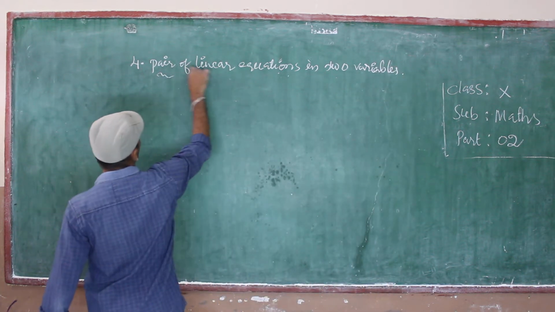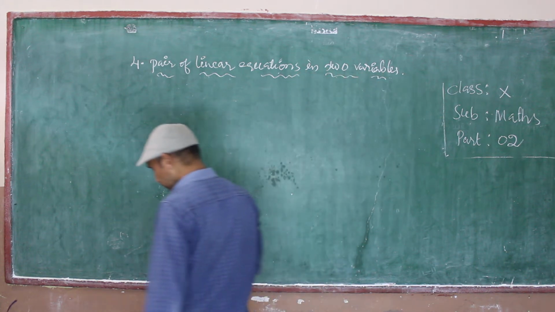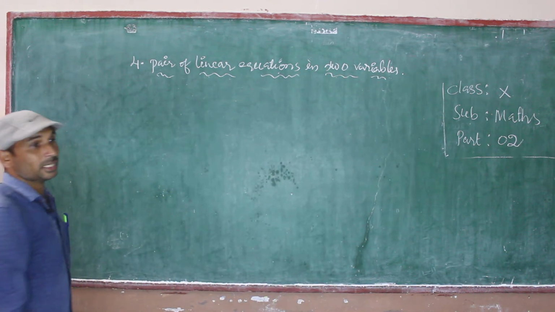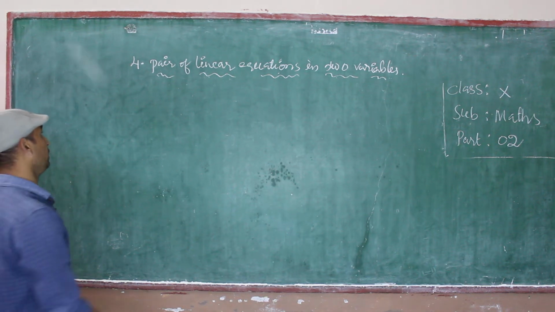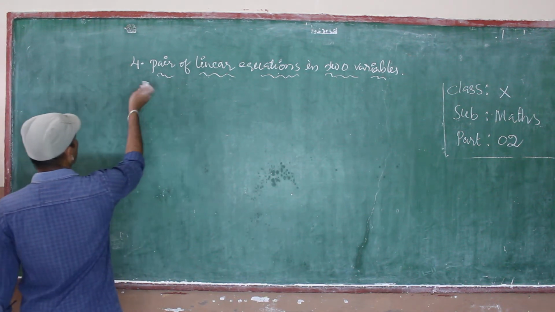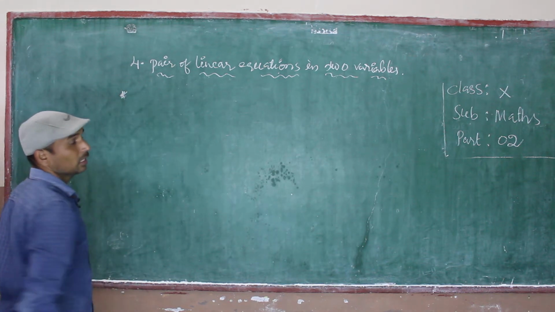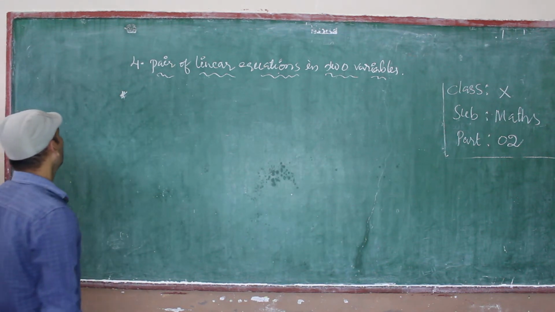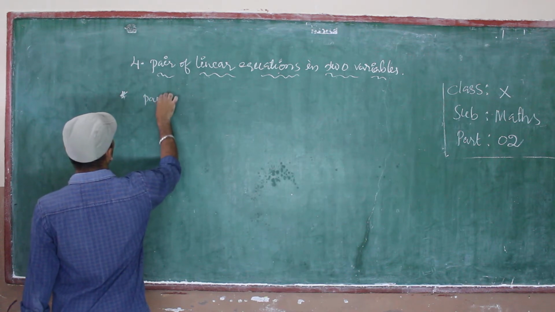So in this, second topic is relation between coefficients and system of equations. See here. So based on that, if you know that one table, then we will get what is a pair of lines.